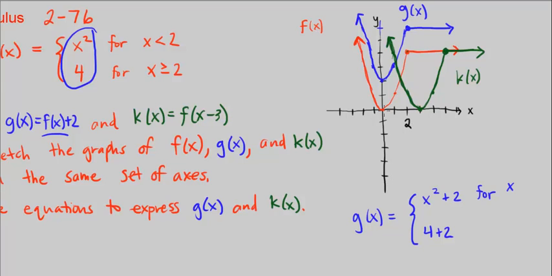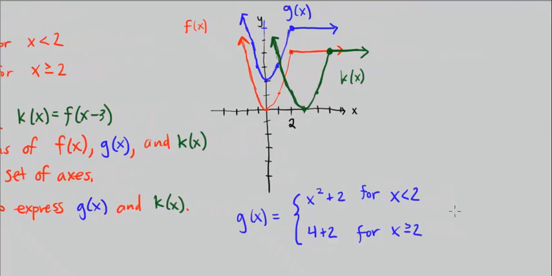So when we shift up the graph from red to blue, does that restrict our domain on the x-axis? Well, we still are transferring from one to the other at x is 2. So shifting up does not change the restrictions on the domain, right? So let's go ahead and keep them for x is less than 2, and over here for x is greater than or equal to 2.